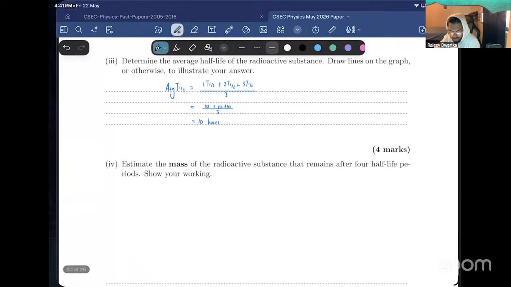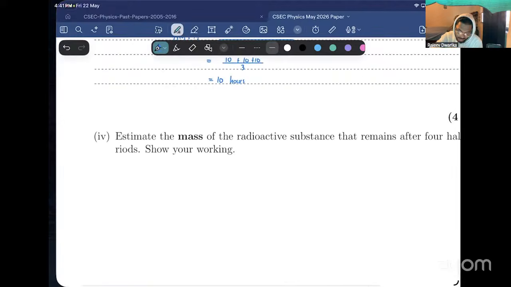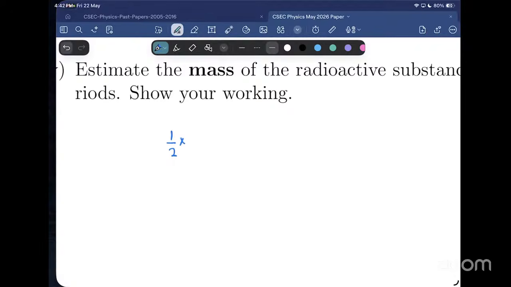Estimate the mass of the radioactive substance that remains after 4 half-lives. After 4 half-lives, you're going to multiply by half how many times? 4 times.